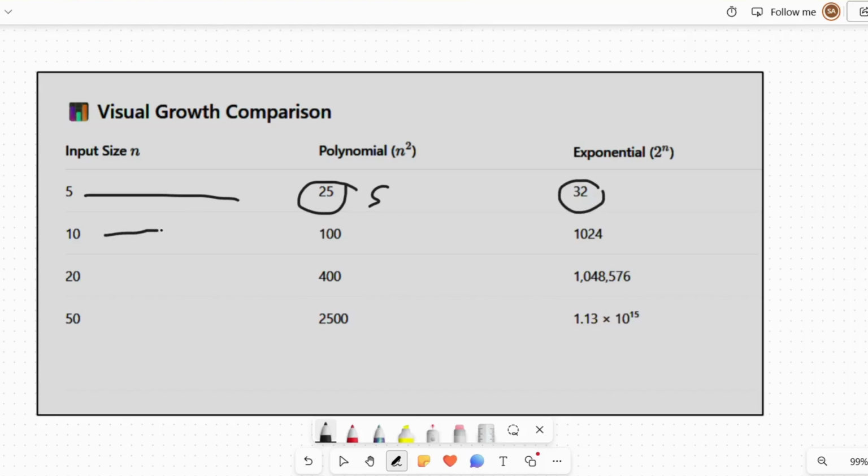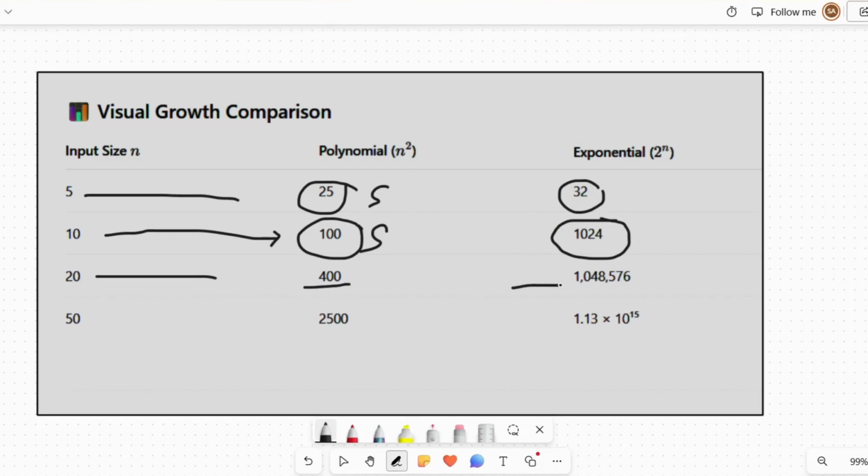When the input size is 10, we take 100 seconds in polynomial, but exponential is more than 1000. For 20, polynomial is 400. You can see the number is increasing rapidly for exponential.